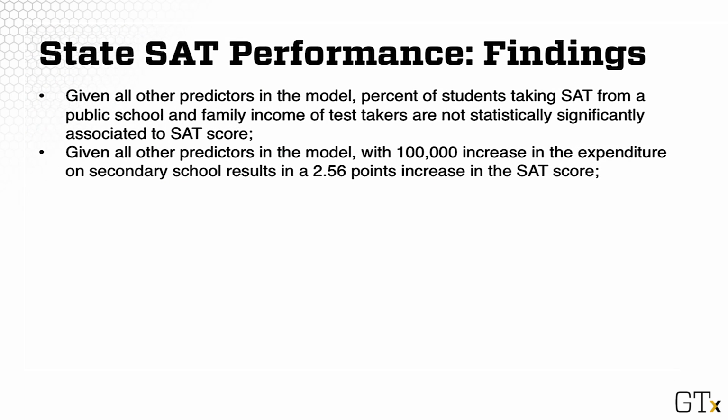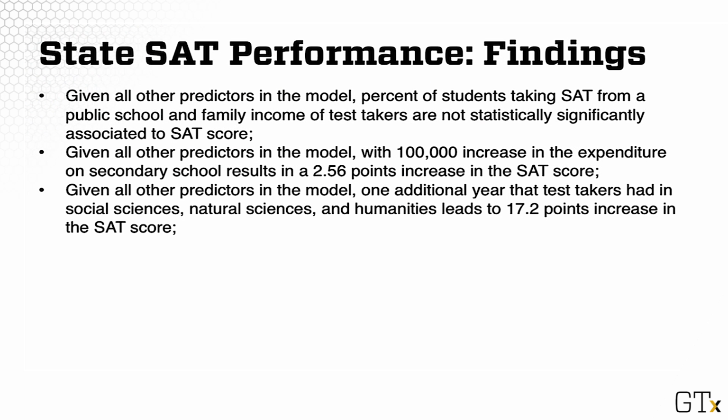Given all other predictors in the model, a 100,000 increase in expenditure on secondary school results in only a 2.56 point increase in the SAT score. In contrast, given all other predictors in the model, one additional year that test takers had in social sciences, natural sciences, and humanities leads to a 17.2 points increase in the SAT score.